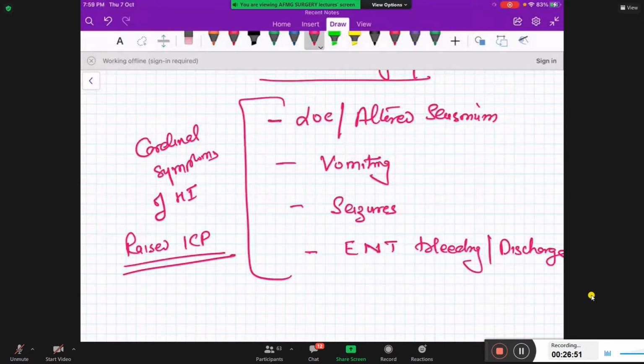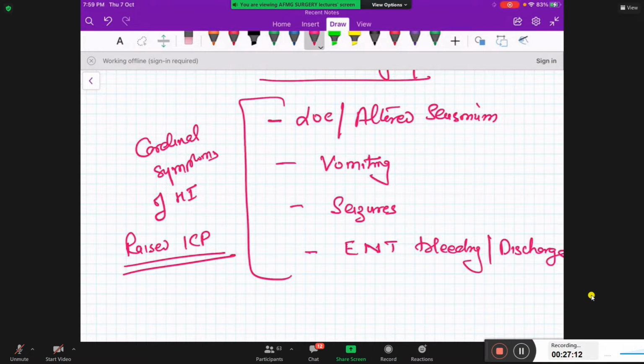Now, think about it and then answer, okay? On the basis of these symptoms, can we make out what type of head injury this patient has inside?